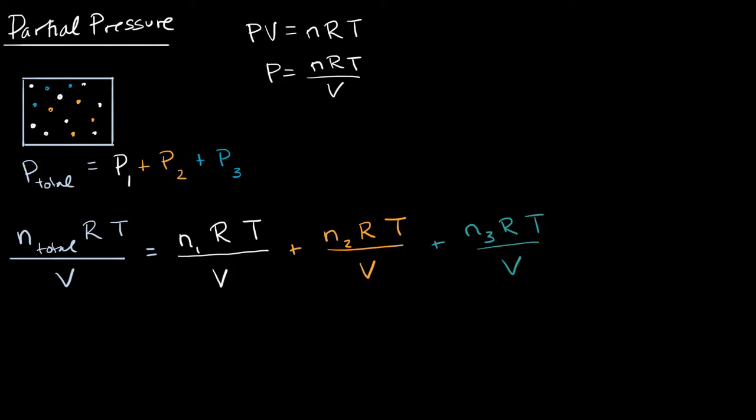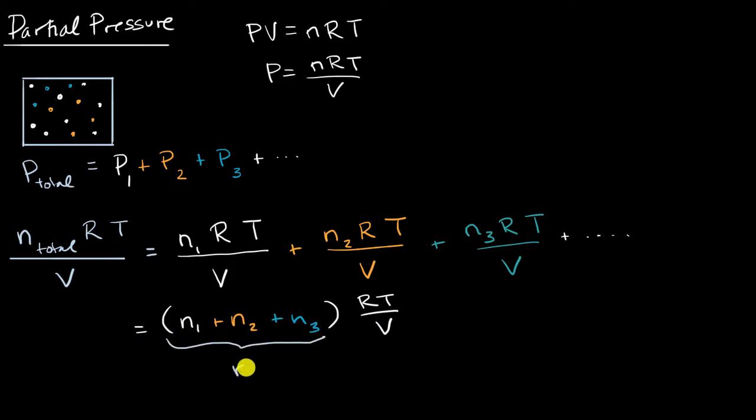Now, I just happen to have 3 gases here, but you could clearly keep going and keep adding more gases into this container. But when you look at it mathematically like this, you can see that on the right-hand side, we can factor out the RT over V. And if you do that, you are going to get (N1 plus N2 plus N3), let me close those parentheses, times RT over V. And this right over here is the exact same thing as our total number of moles.